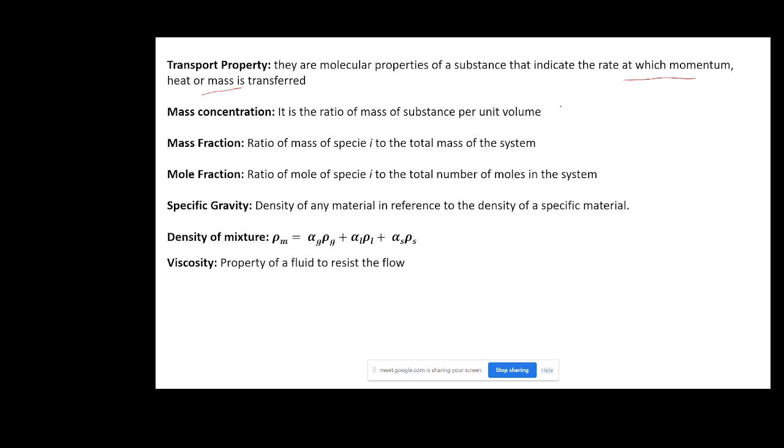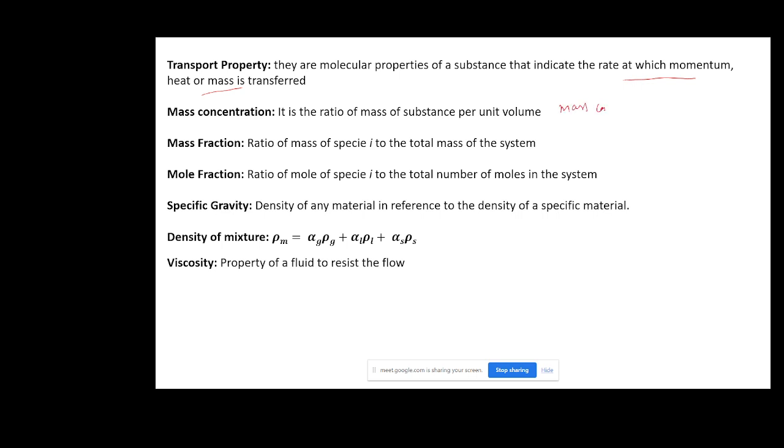Next comes the terminology, which is the most basic one. You must have learned it before also, which is mass concentration. Now, mass concentration is usually measured with respect to volume. So, how do you measure?